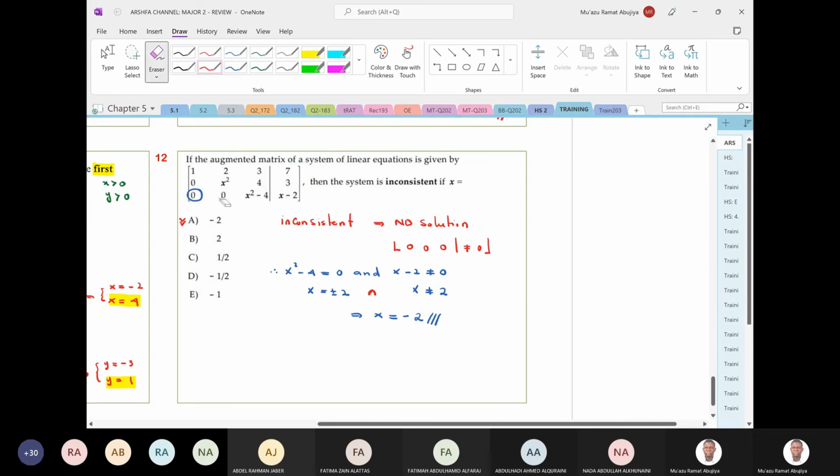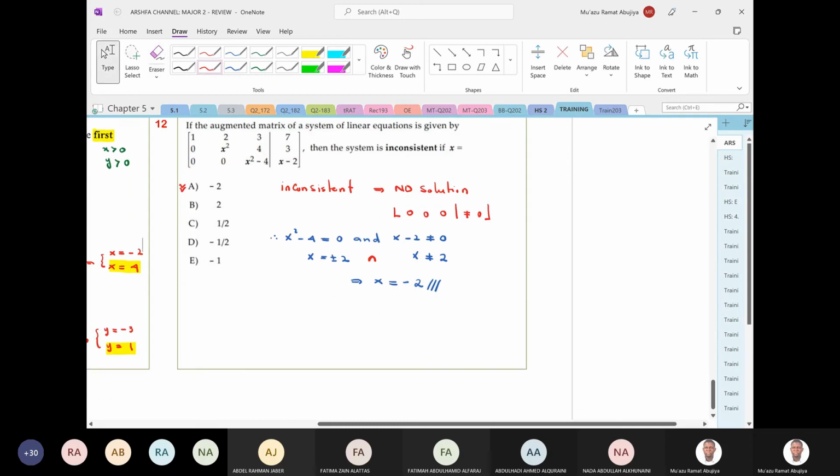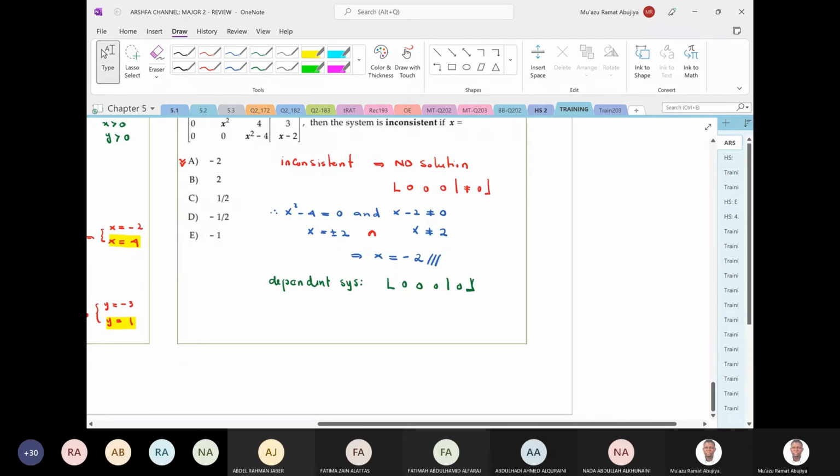Now, what if the question asks for a dependent system? For dependent, that means infinitely many solutions. For a dependent system, the bottom row should be 0, 0, 0, and the constant also must be 0. So infinitely many solutions. What if we have an independent system?